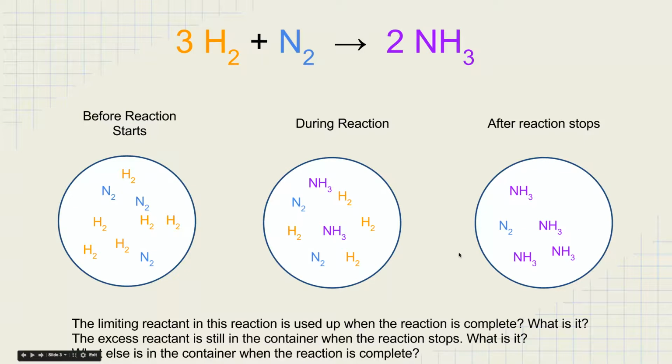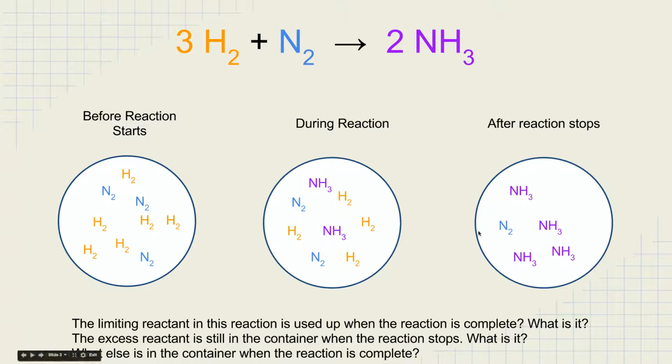When the reaction stops, it stops because one of the reactants is used up. And in this case, you can see from the picture here that the reactant that was used up was hydrogen. There's no hydrogen left on the right. There is ammonia, that's the product, and there is nitrogen.